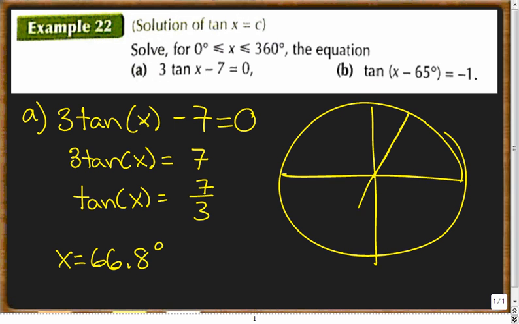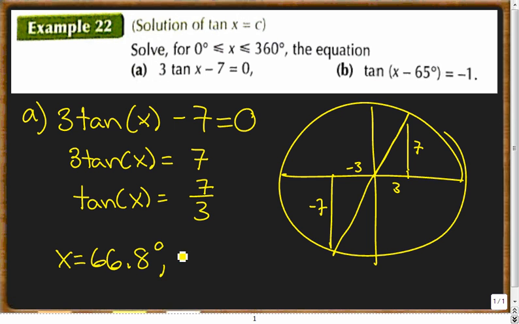Tangent, remember, represents the slope of a line running through the origin. So we're looking for a line that looks like it's moving about 3 over and about 7 up. And that's the same as if it was going back 3 and down 7. So you can imagine that those tangents are still the same. So basically all we have to do is add 180 degrees to it, and we're good.